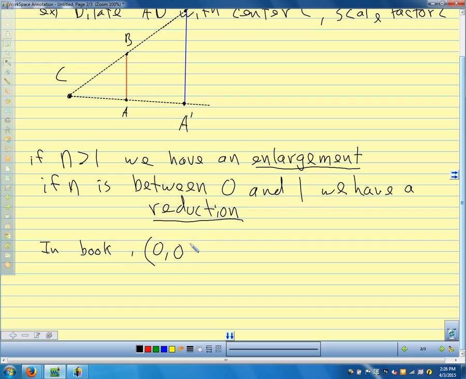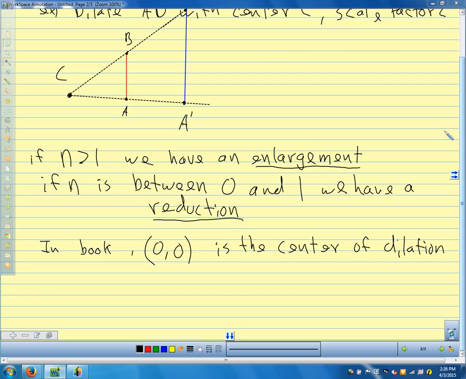So the origin is our center. This makes it really easy to do our dilation.